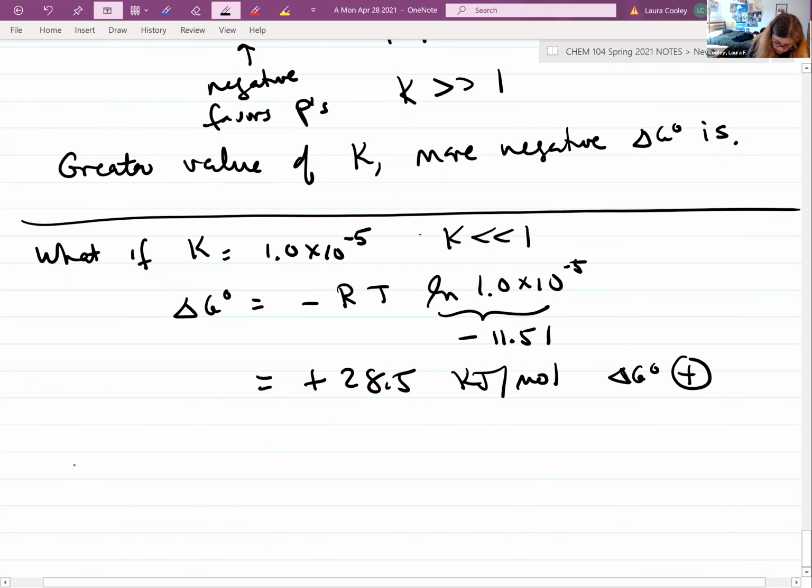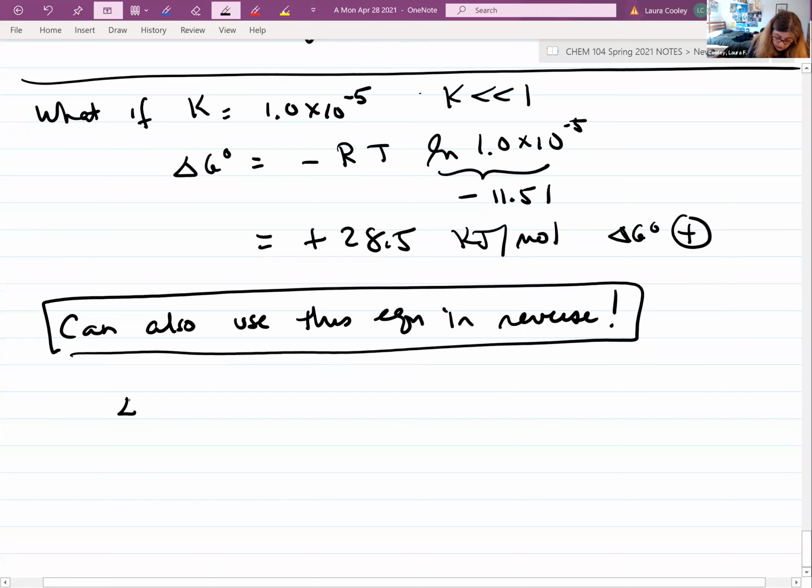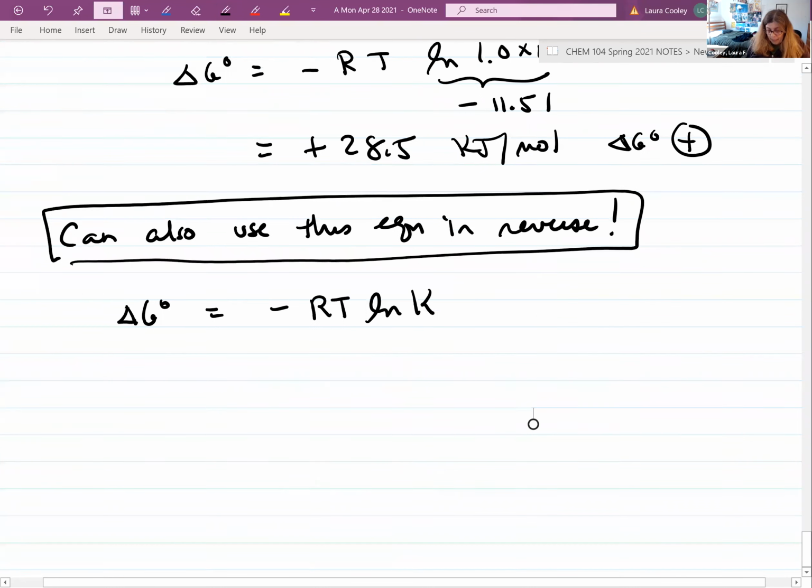Okay, so you can also use this equation in reverse. Once we have a relationship between delta G0 and the K, we can manipulate it.